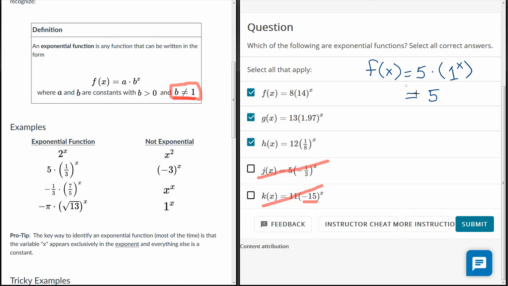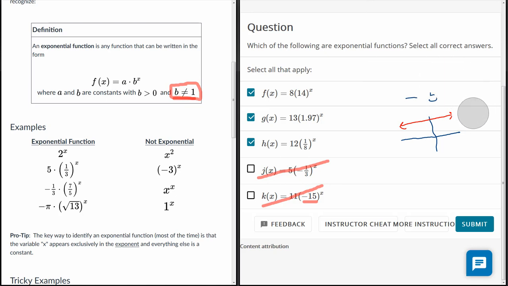So that's just going to be equal to 5. And the problem is that's just a boring function. That's a linear function, right? If you were going to draw the graph of that, it's just going to be a horizontal line at y is equal to 5. So that's not an exponential function, that's a linear function. That's why this is a requirement. That's why we don't let the b be equal to 1.